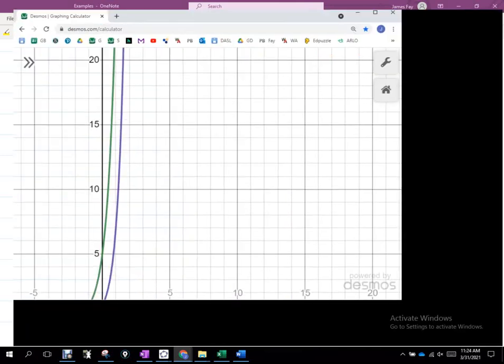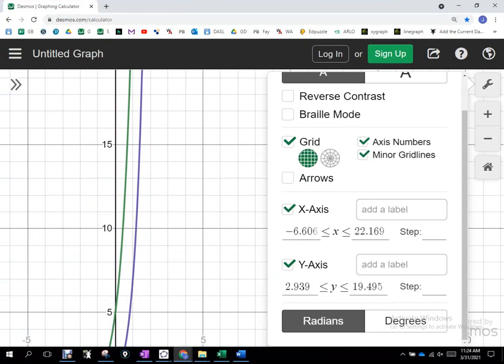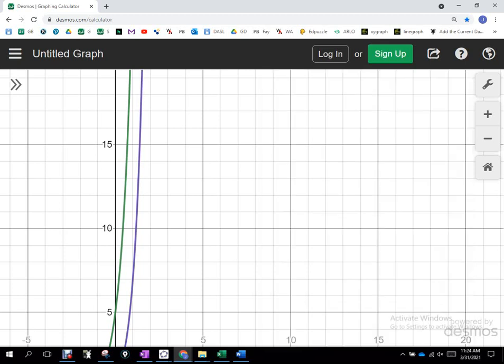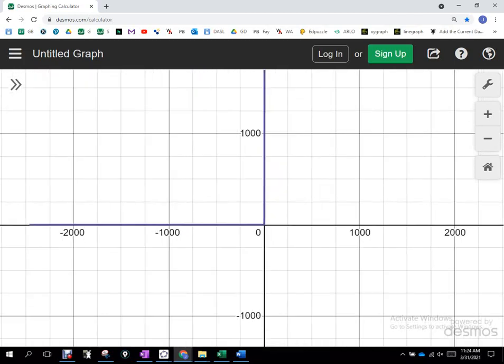So I don't know if this is maybe the best strategy. So 10,000. So let's make the y-axis go by steps above 1,000, and we'll let this go by steps of 1. I still didn't do it.